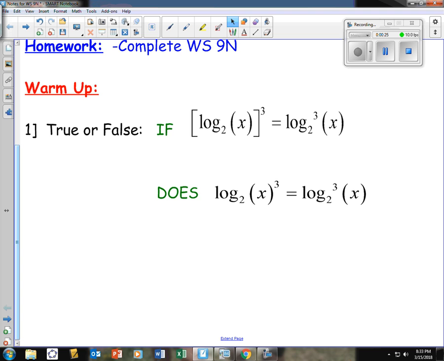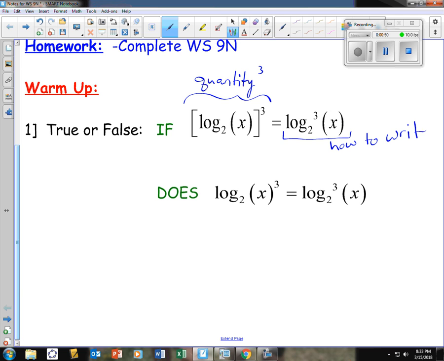So I want you to figure out if this is true or false. So first, if log 2 of x quantity cubed, that's what this is, a quantity cubed, this is sort of how to write it.